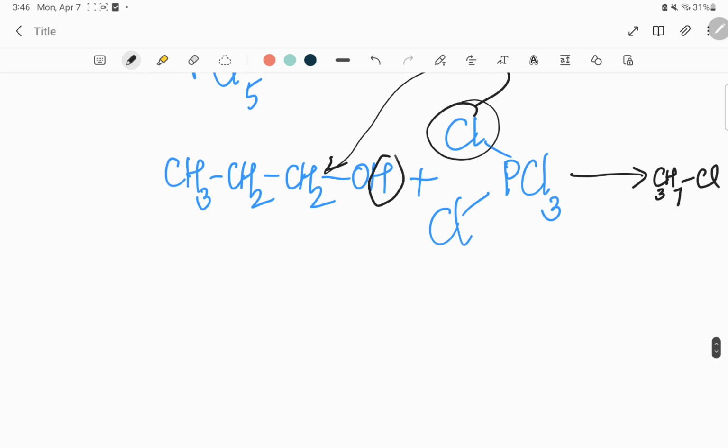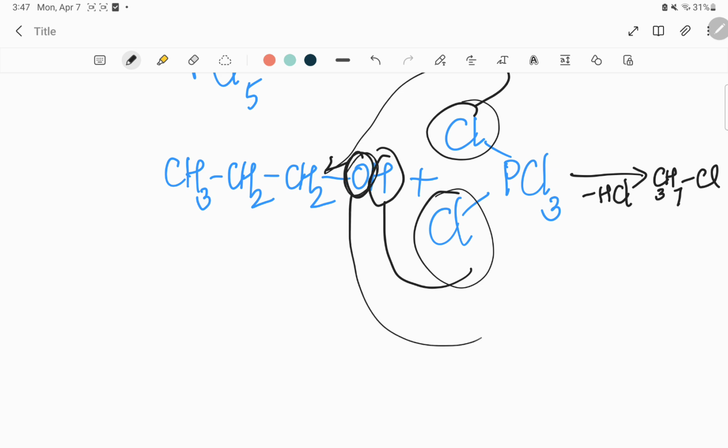The hydrogen will react with the other chlorine atom and you will get HCl as a byproduct. Then the remaining oxygen atom will join with the PCl3 group and you will get POCl3 as the byproduct.